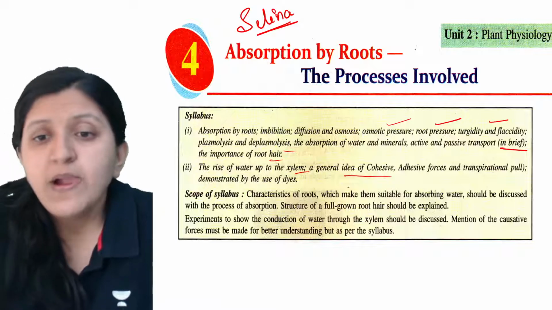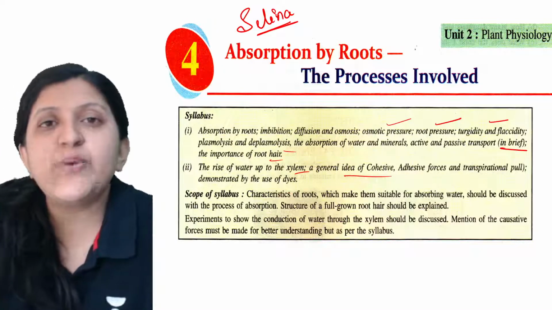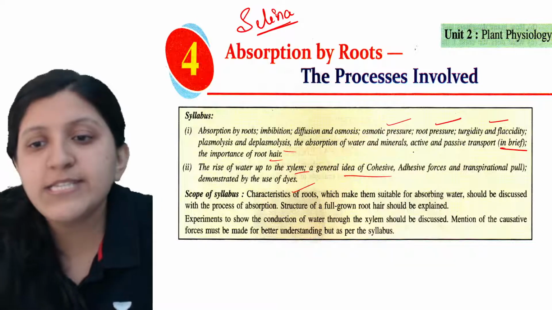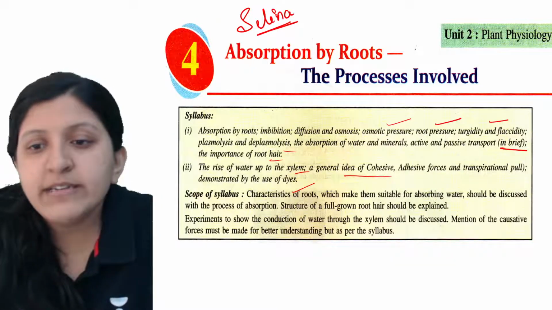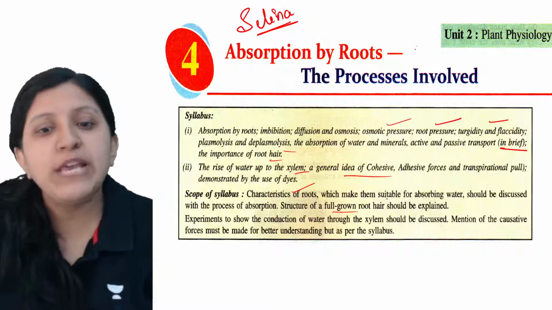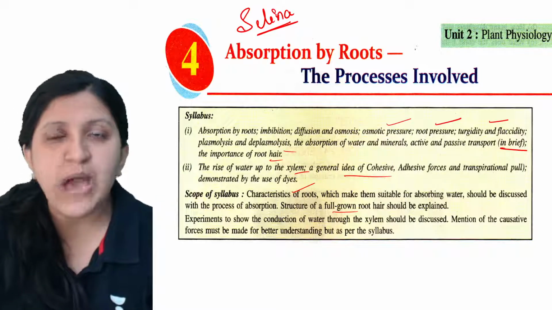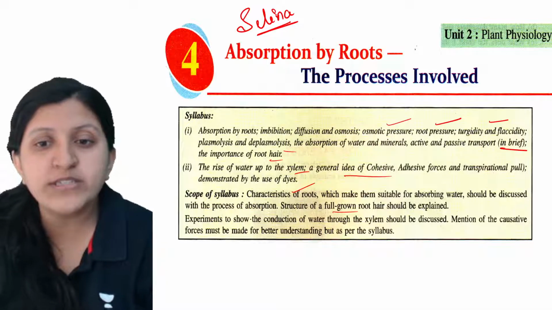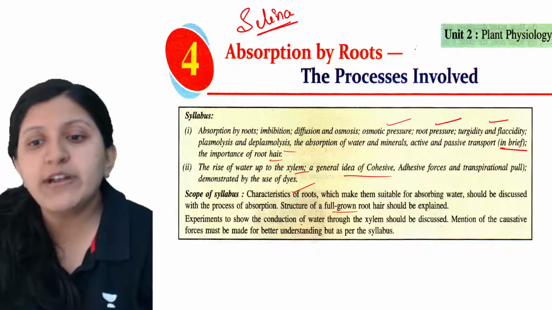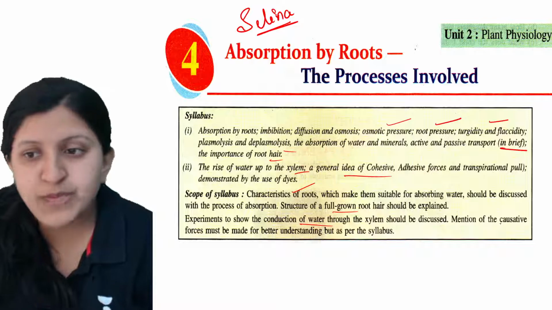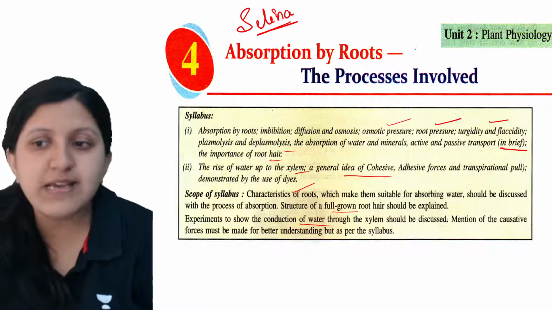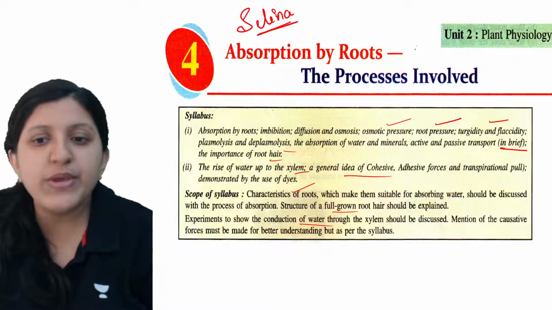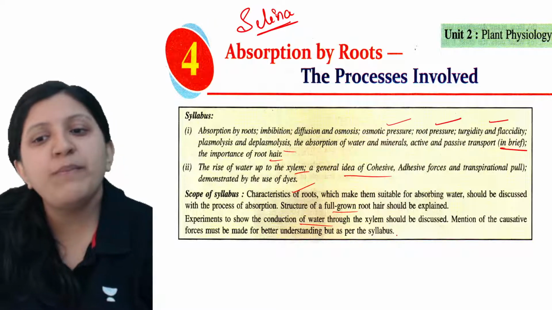All the different experiments which are mentioned, you need to practice. Mainly the scope of syllabus will highlight what exactly you need to concentrate on: the characteristics of root, and also the structure of fully grown root hair that you need to have an idea on. Experiments are important. The experiment to show the conduction of water through the xylem should be discussed, and mention the causative forces, for better understanding.